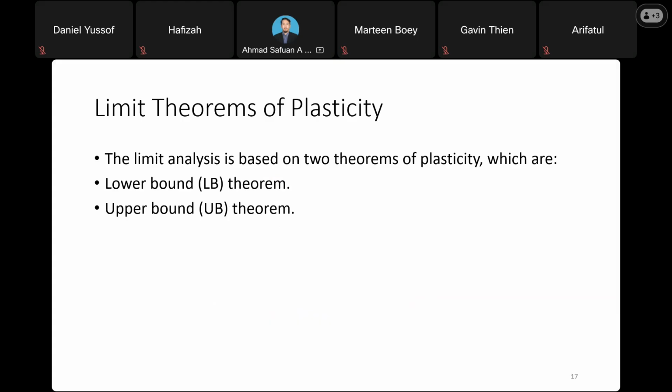So the limit analysis is based on two theorems of plasticity, which are the lower bound theorem and also the upper bound theorem.